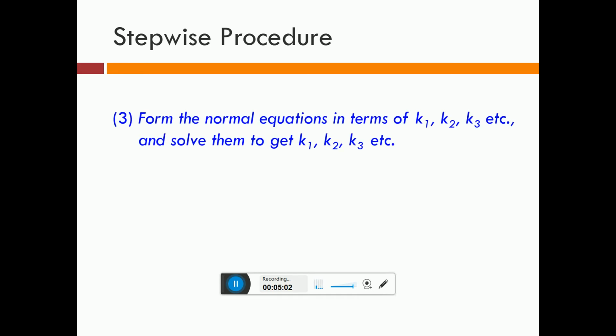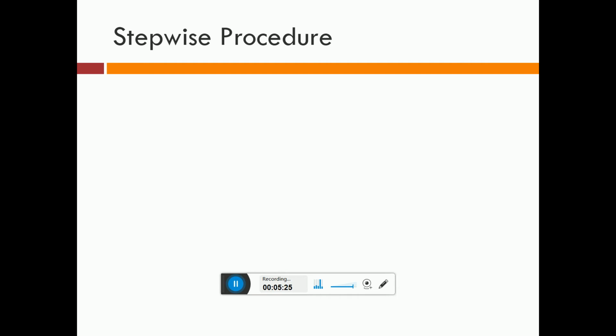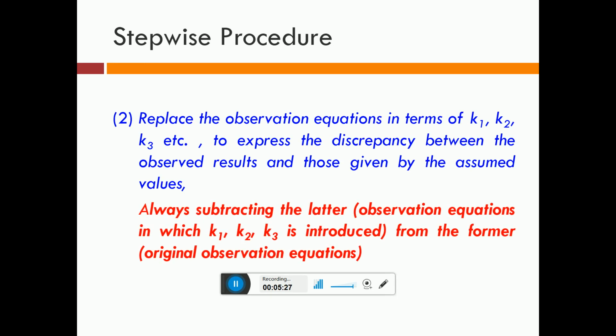form the normal equations in terms of K1, K2, K3 and solve them as simultaneous equations to get the values of K1, K2, K3, etc. I am repeating again. In the first step, you assume the set of corrections K1, K2, K3 to the observed values. Then replace these observation equations in terms of K1, K2, K3.